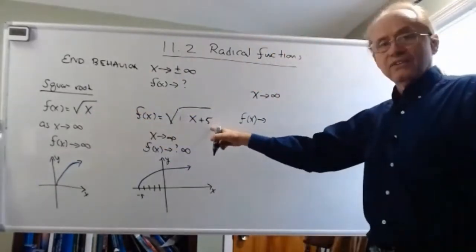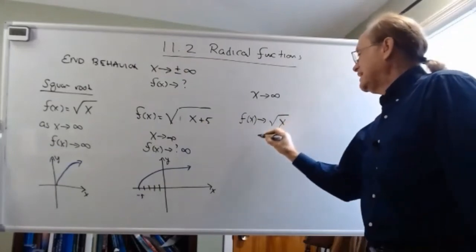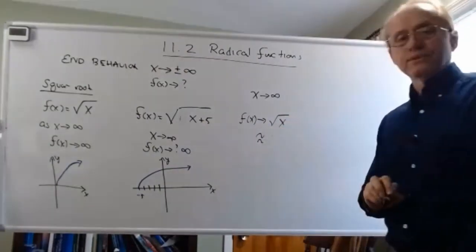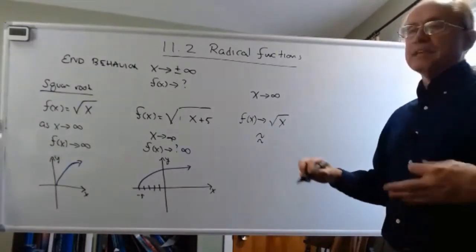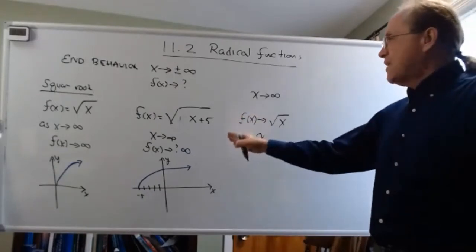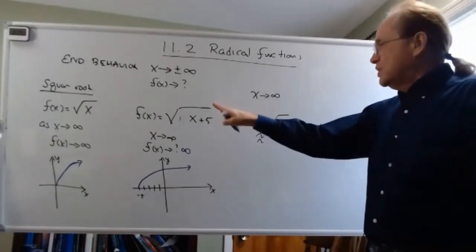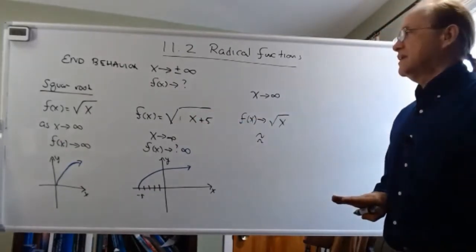You can ignore the constant. It goes to the square root of x, meaning they're approximately equal to each other. They're what we sometimes call asymptotically connected in that way. Meaning for large values of x, you can ignore the constant. Always going to be the case.